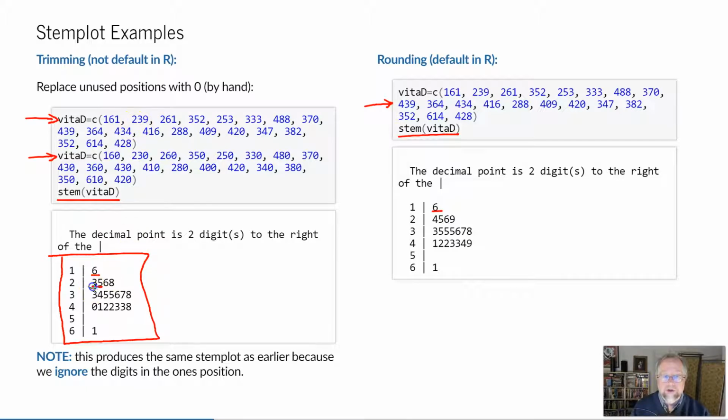So we have a 3 over here. But if I round 239, it rounds to 240, so we had a 4. But notice the shape doesn't look particularly different. In this case, not different at all. It's just the numbers in there are a smidge different. So you still get the basic idea of the distribution, what values are possible and how likely they are to occur.